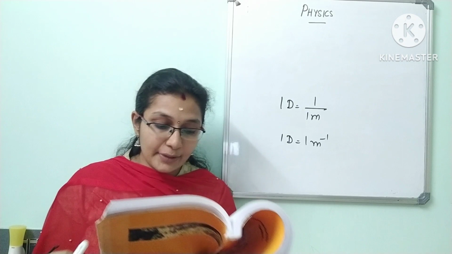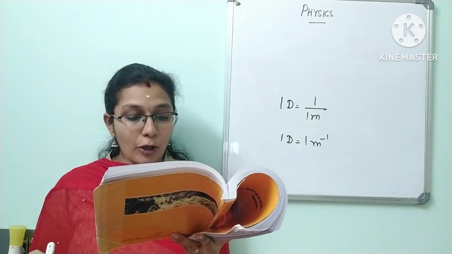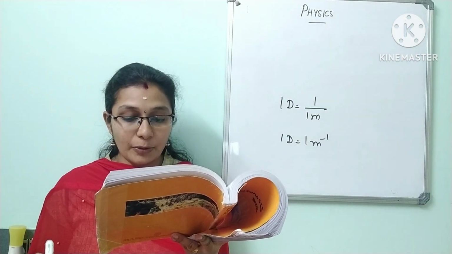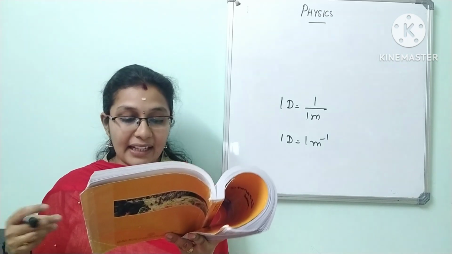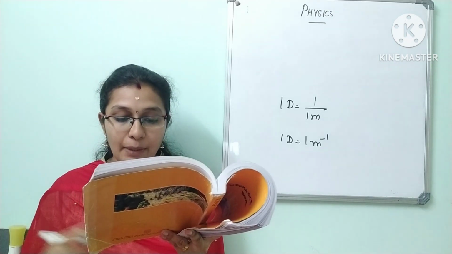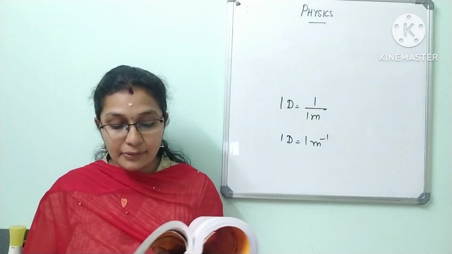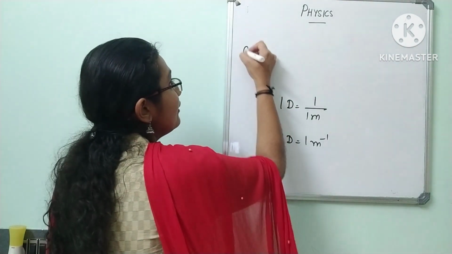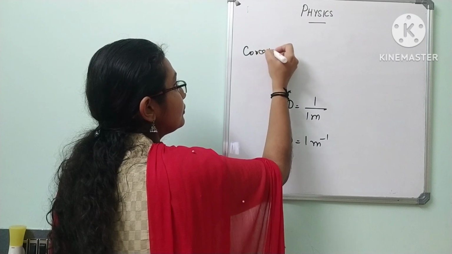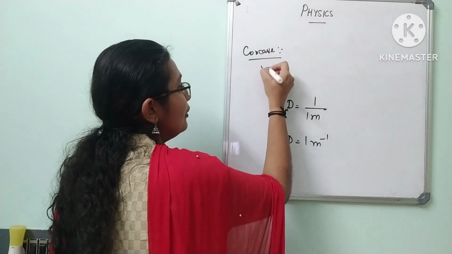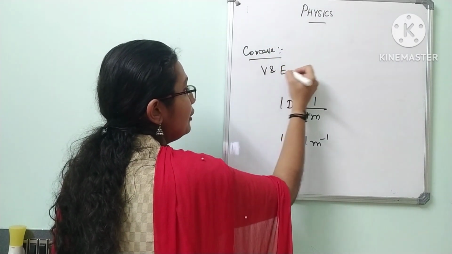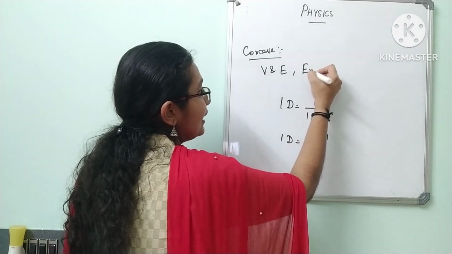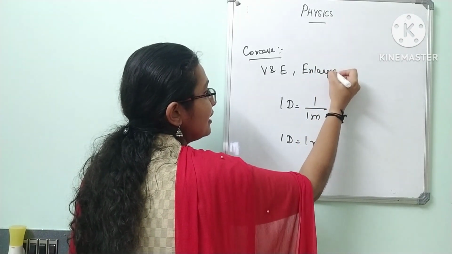Next question. The image formed by a concave mirror is observed to be virtual, erect and larger than the object. Where should be the position of the object? We discussed this just now, right? In a concave mirror, you have only one condition where you will get virtual, erect and enlarged. All others are real and inverted.